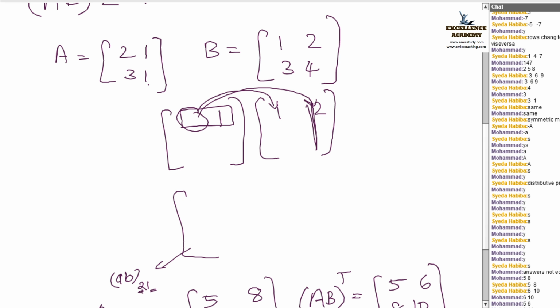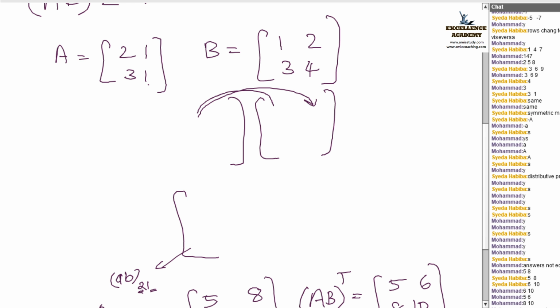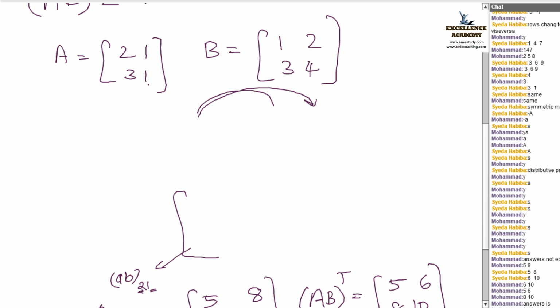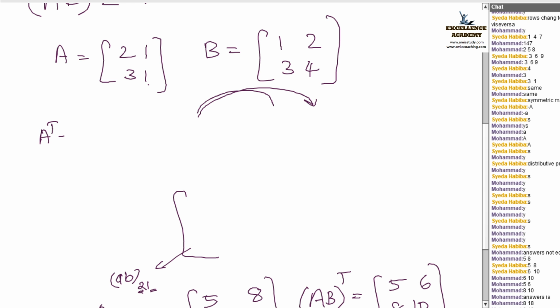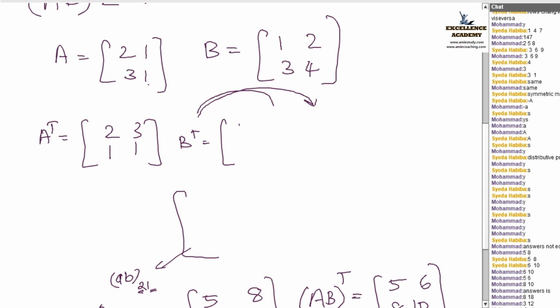What is A transpose? What is A transpose? A transpose is equal to 2, 1, 3, 1. Yes, B transpose is equal to 1, 2, 3, 4.